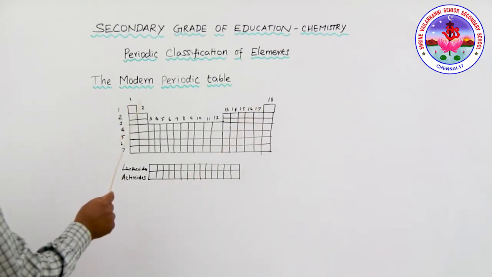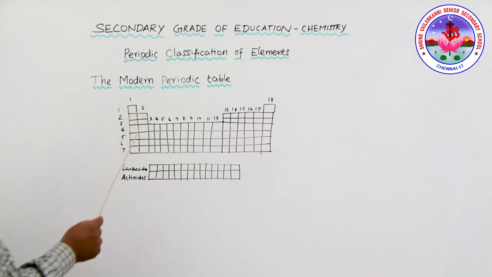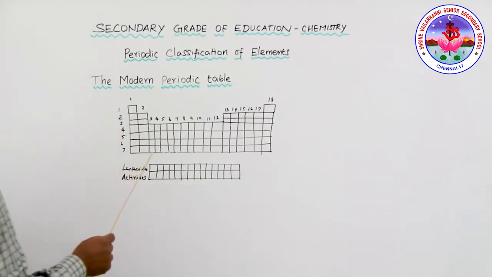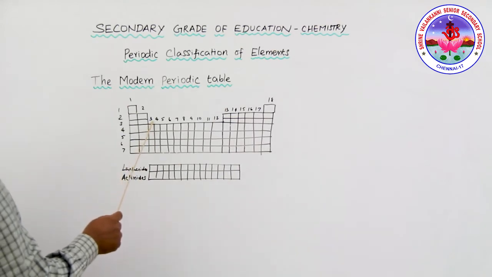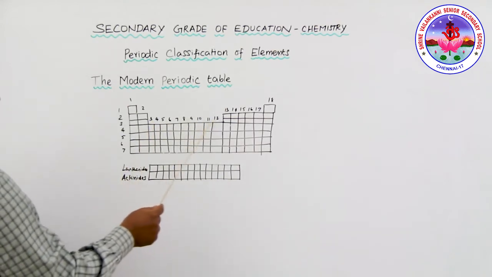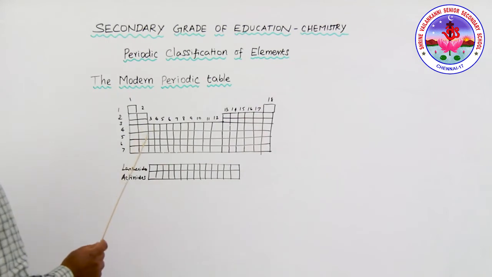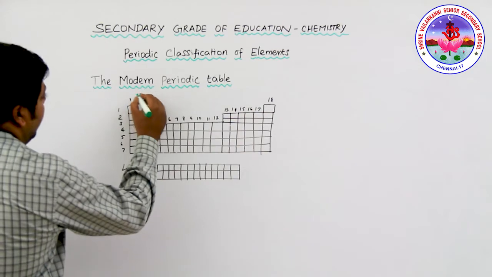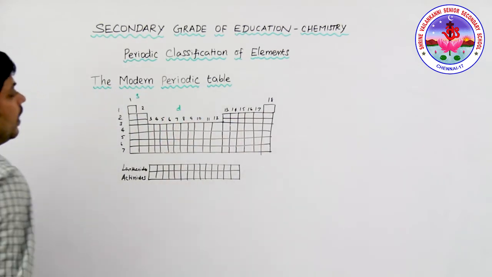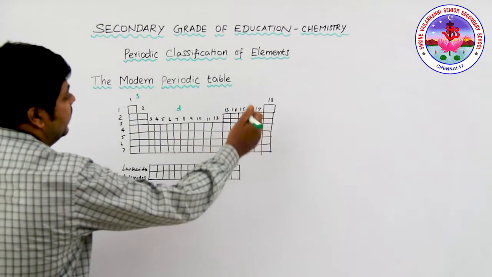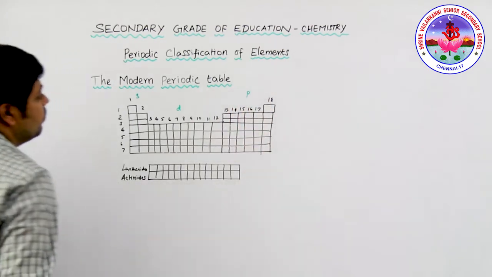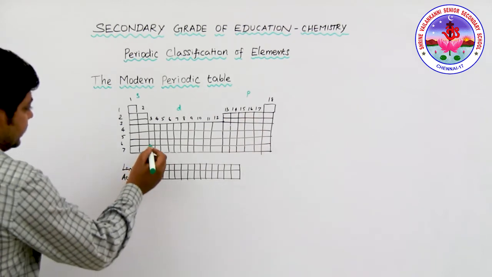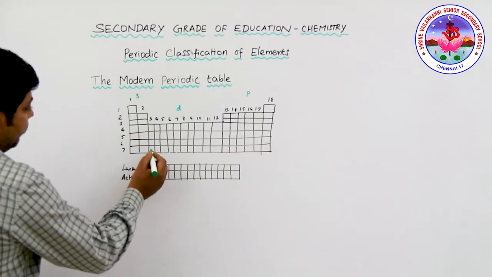Group 1 and group 2 are called alkali metals; only metals are placed here. Then groups 3 to 12 are called transition elements, the D block, and this is the S block. Groups 13 to 18 are called the P block.